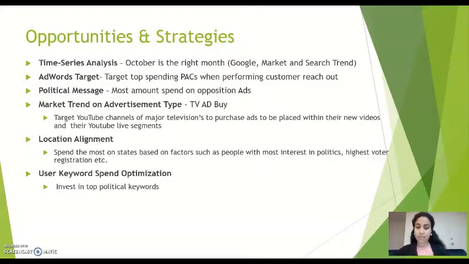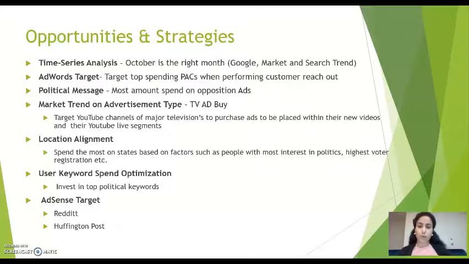And the next set of strategies are user keyword spend optimization by investigating the top political keywords. So when we took a look at it a few minutes ago, we saw that Reddit and Huffington were part of the top political keywords. So they could be great AdSense targets.